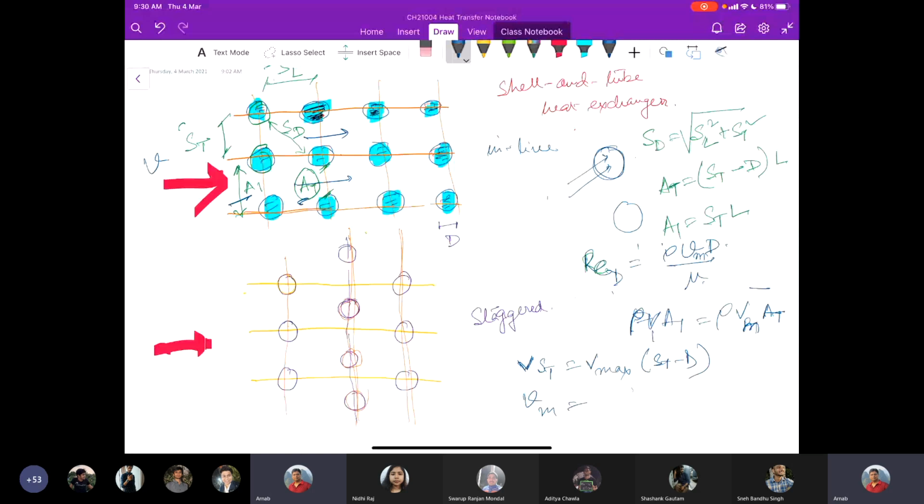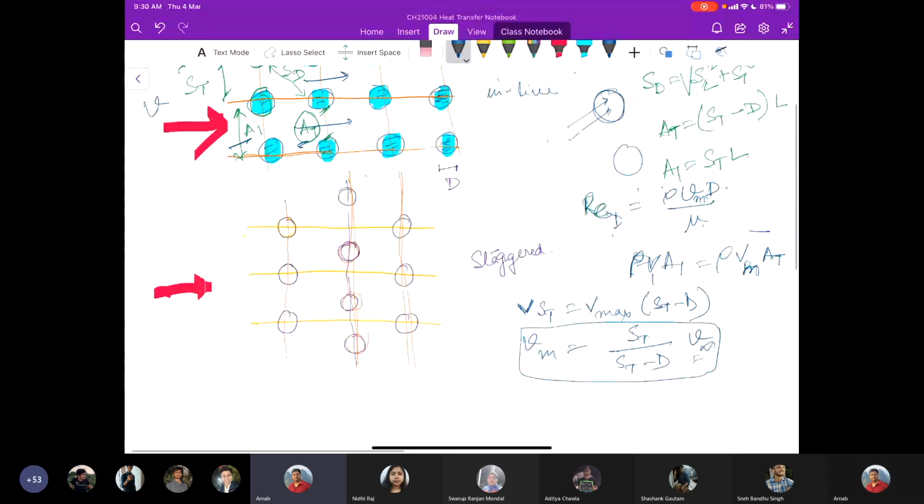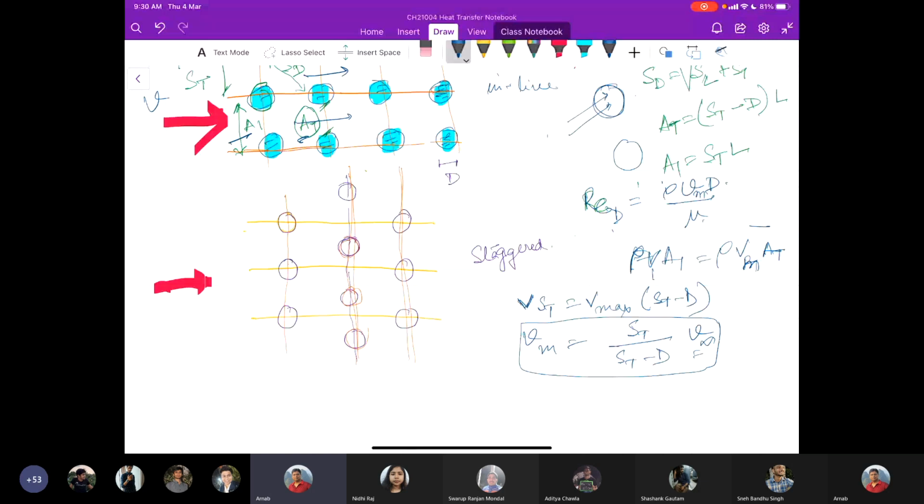So our V max is basically the transverse pitch divided by the transverse pitch minus the tube diameter, multiplied by the approaching or free stream velocity, if we go by our previous convention, that is V infinity. Clear? Yes, sir. Now in case of staggered arrangement.